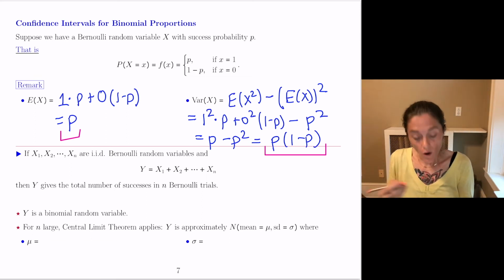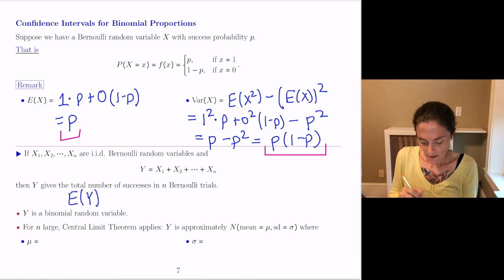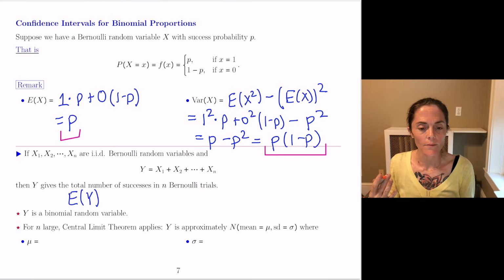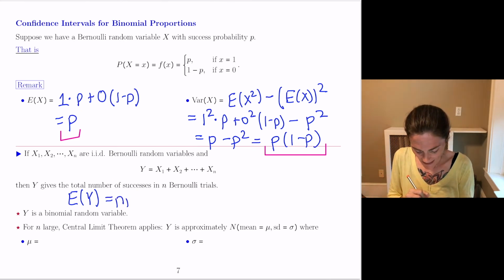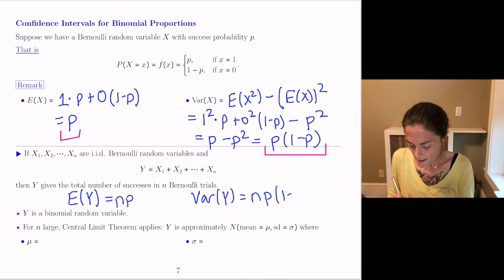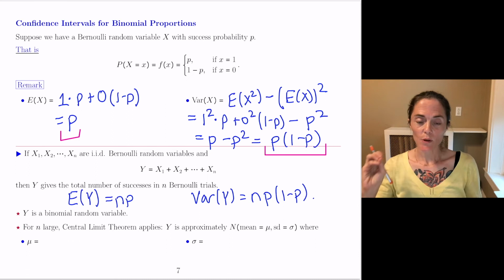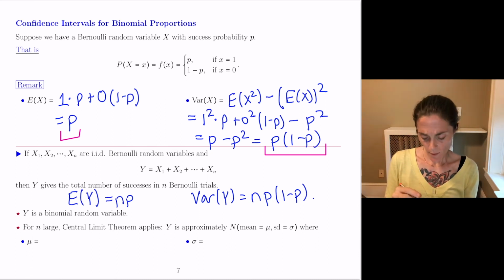Well, we know from either properties of sums, where X1 through Xn are independent, or just thinking about the binomial random variable, the expected value of Y is np, and the variance of Y is np(1 minus p). Okay, well, here's the beautiful thing. For a large n, the central limit theorem applies.